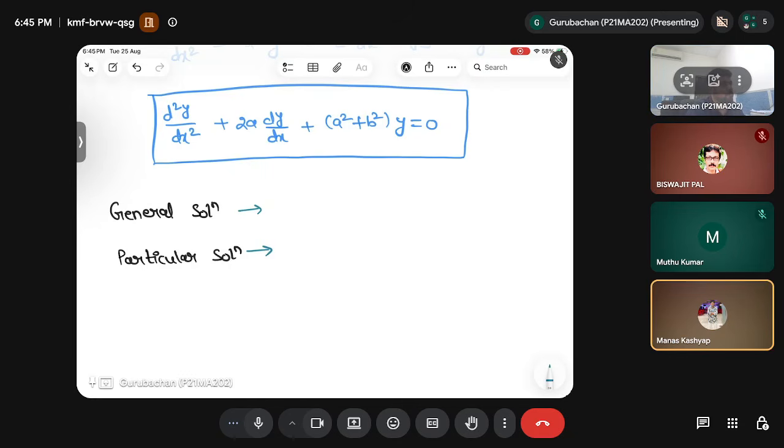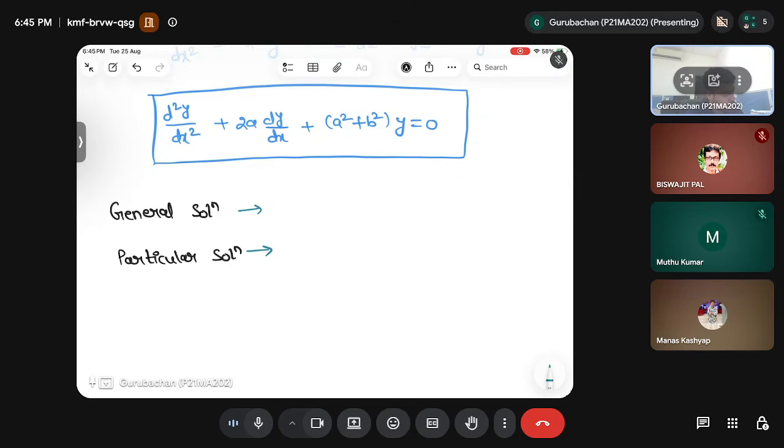Suppose you have an arbitrary constant and I'm giving a value to one arbitrary constant. Will it be a particular solution then, or will it still be a general solution? Still a general solution. Okay.